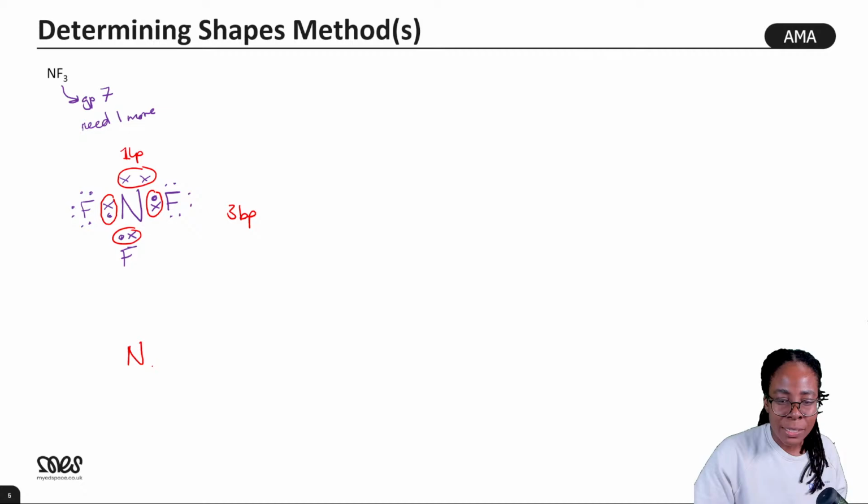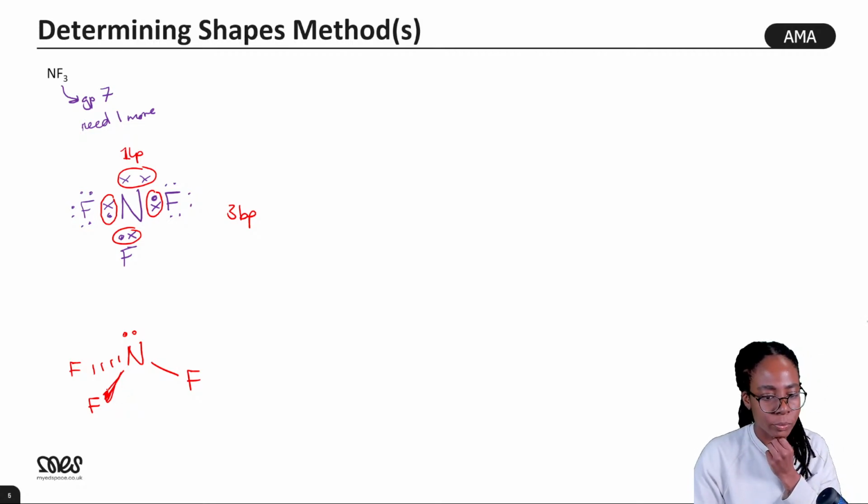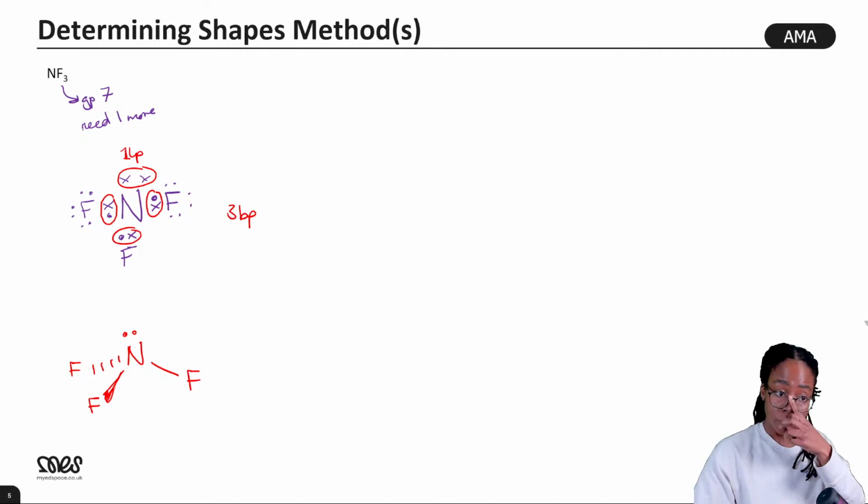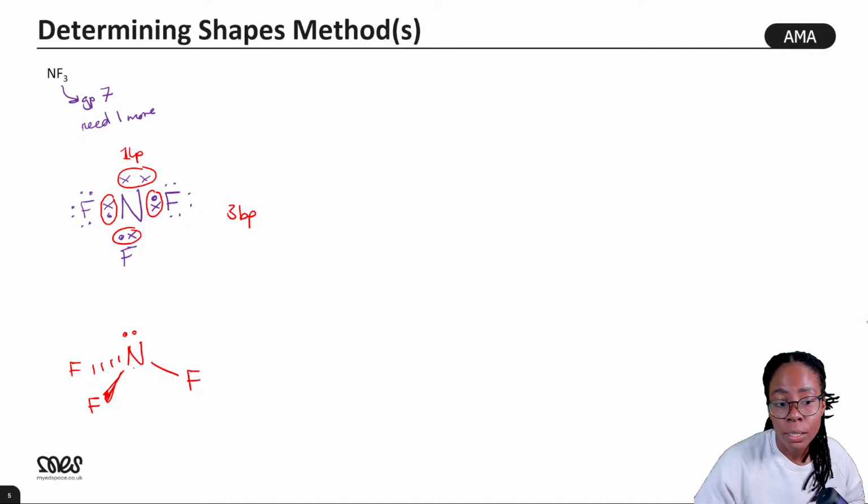We get the shape that's based off of tetrahedral, just like ammonia with one lone pair. Remind me of the bond angle, please. What was the bond angle here? 107 degrees.